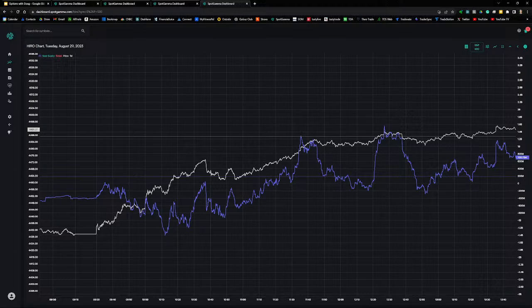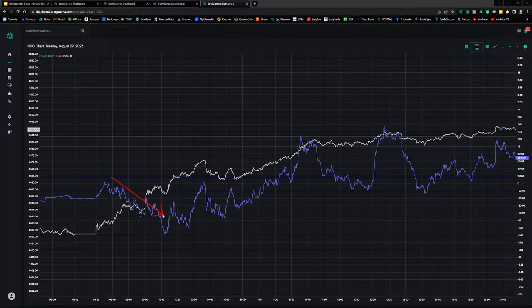So generally, it looks like initially options traders were taking negative delta positions, and then they got on board with the move higher right around 10:10, 10:15 a.m. Eastern time. And since then, it's been up and down.